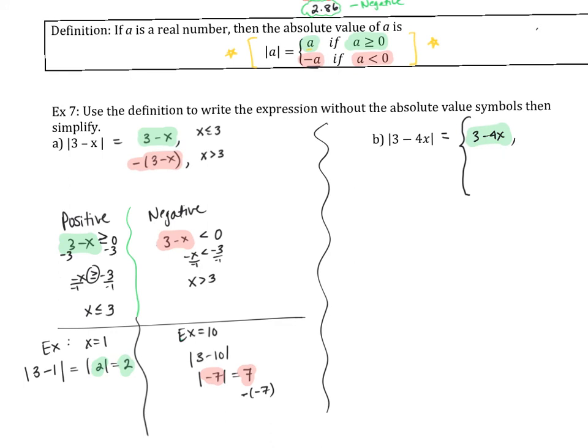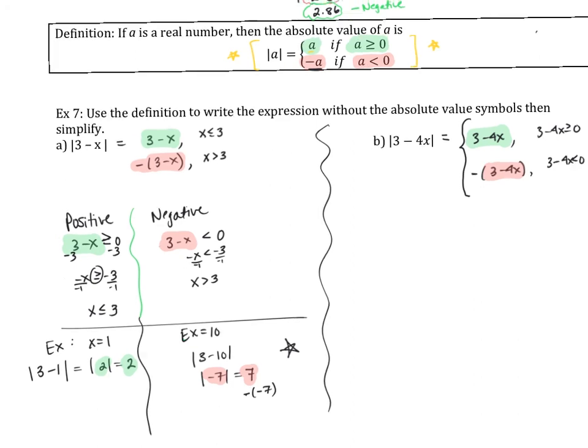Okay, so that happens only when the input is greater than or equal to 0. Okay, or it's the opposite. If what went in there is negative, then you have to take the opposite of that to make it positive. And that happens when our input is negative, so less than 0.